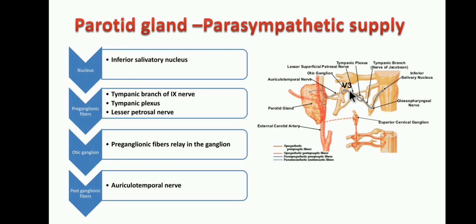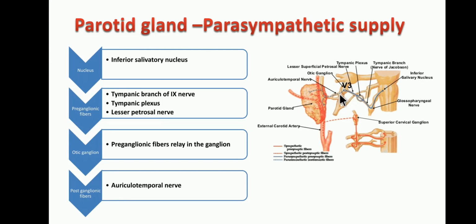The structures of the foramen ovale are the mandibular nerve, emissary vein, accessory middle meningeal artery, and the lesser petrosal nerve, which carries the preganglionic fibers to the parotid gland. These fibers relay in the otic ganglion, a peripheral parasympathetic ganglion intimately related to the trunk of the mandibular nerve in the infratemporal fossa.